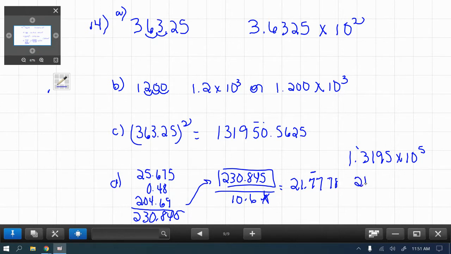So my answer would be 2.18. Now I need it in powers of 10. 2.18, because the 7 we round up. And we're moving it 1 decimal place, so it'd be 2.18 times 10 to the 1. All right, good?